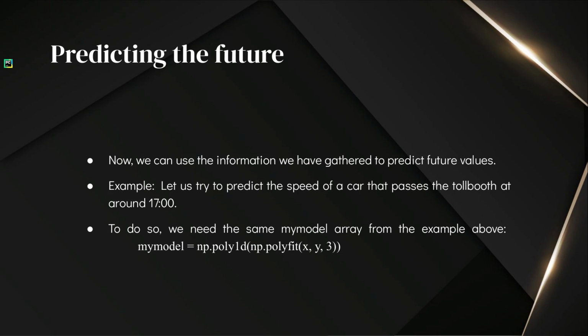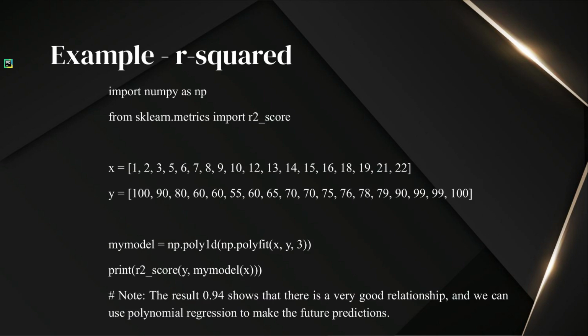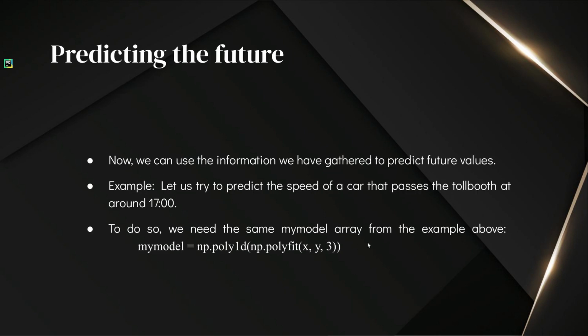Now let us actually predict future values. Let us try to predict the speed of a car that passed the toll booth at around 1700 hours, 5 pm. To do so, we need the same my model array that we created in the previous example using the np.poly1d method, and we feed it x and y and 3, the degree.